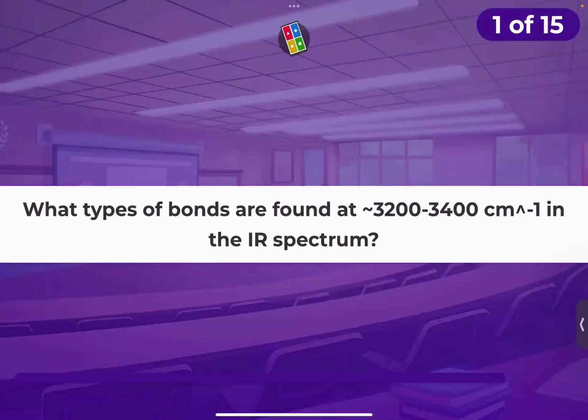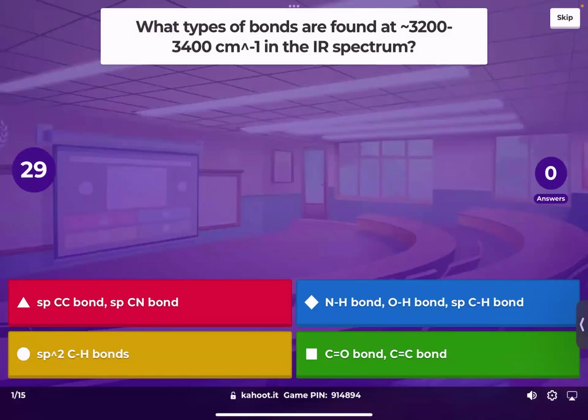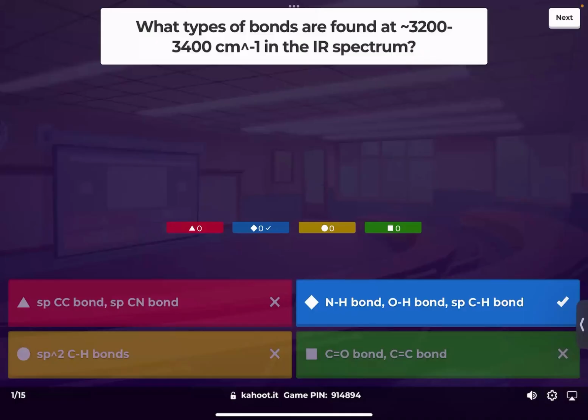That's like the high region, right? Is it like 3,000? So this one here is asking what bonds are found at 3200 to 3400 in the IR spectrum. If you look at the screenshot of the chart that I gave you, the baseline peak is at 3000.